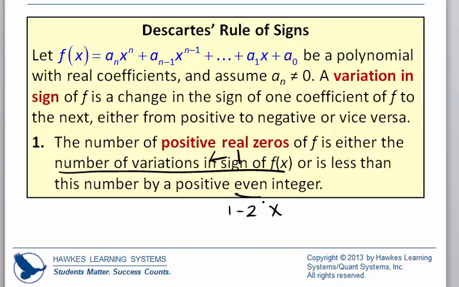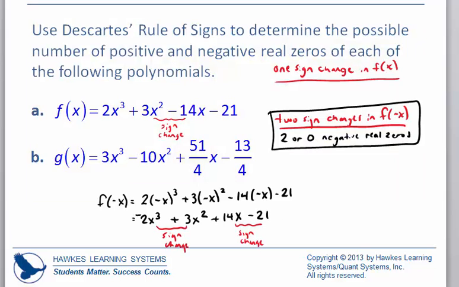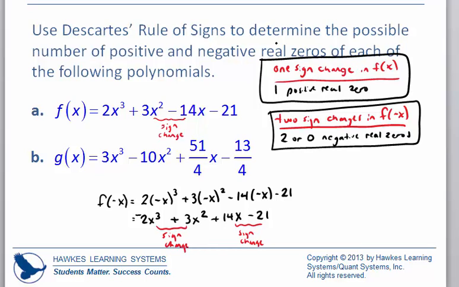So the only definite answer that we have is 1. So we can conclude that there is 1 positive real zero. And that's our other conclusion. So we know 1 positive real zero and either 2 or nothing for the negative real zeros.